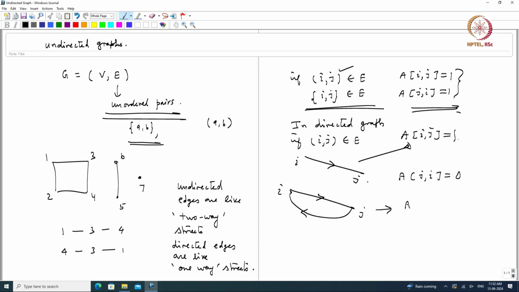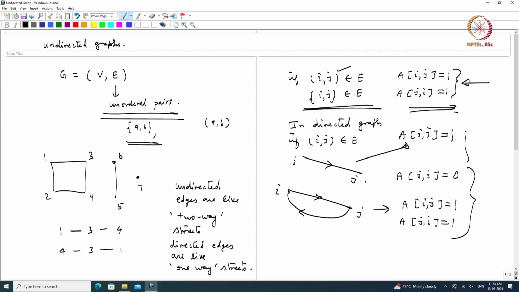In this case Aij equal to 1 and Aji is also 1, both edges are present. This is the essential difference. Because of the direction, you see that this happens here. There is no direction here.